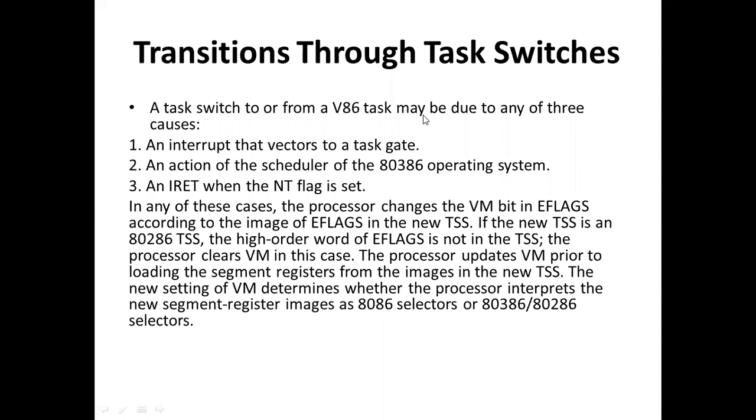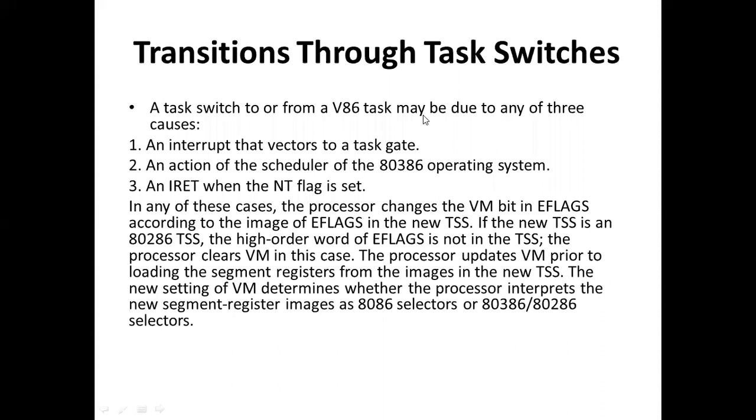Now these are the three reasons or three causes: the interrupts, the vector term that will be having the task state, or some action due to which we need to perform the task with respect to task switching.